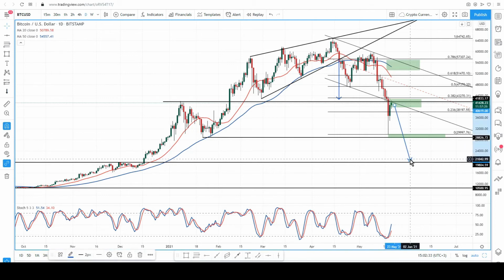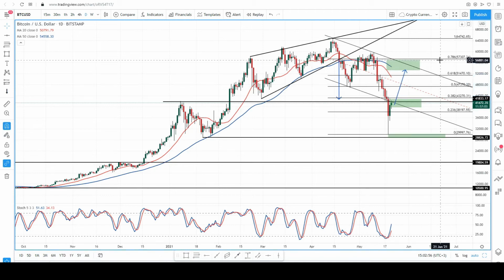Then the other scenario, the more bullish scenario, is that the market manages to push above this zone and doesn't fall back immediately. So it is a decisive break above it. Then I think there's a chance that we get to move to my next zone here, which is from 53,400 to 56,800, roughly 57.